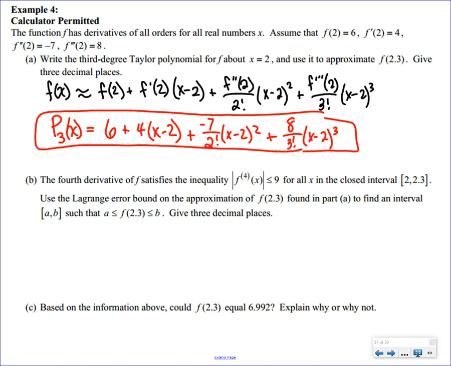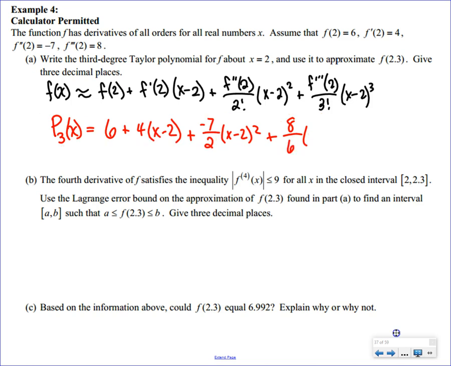But coming back, it does say 3 decimal places. Wait, I can't box it. Why can't I box it? Oh, because that's not the answer. It says plug in. Approximate f of 2.3, right? Couldn't we do like a such that?